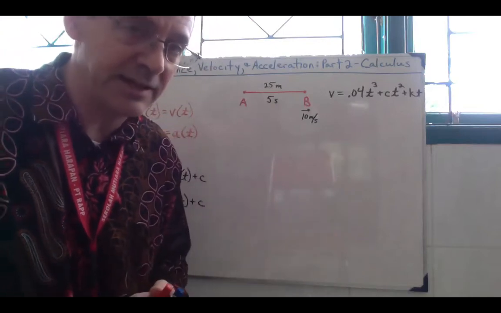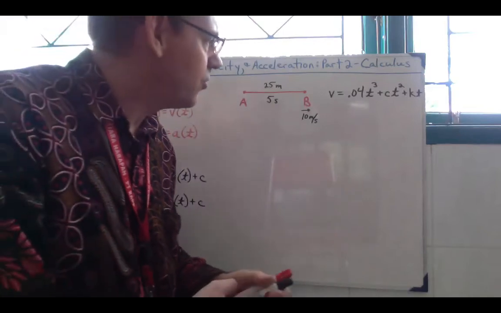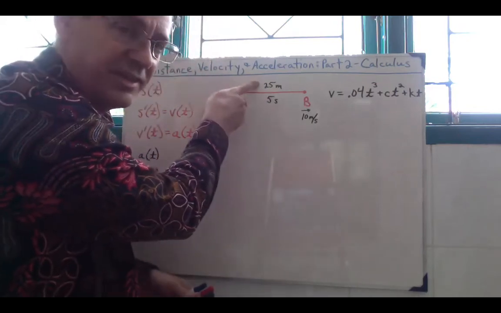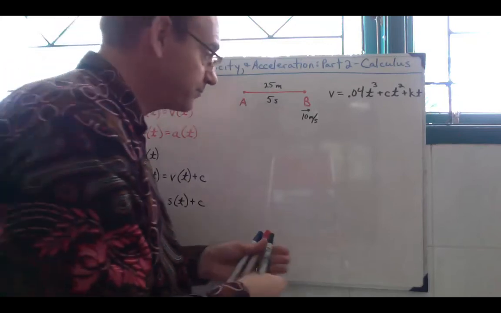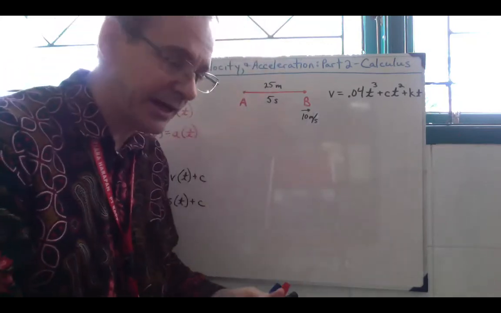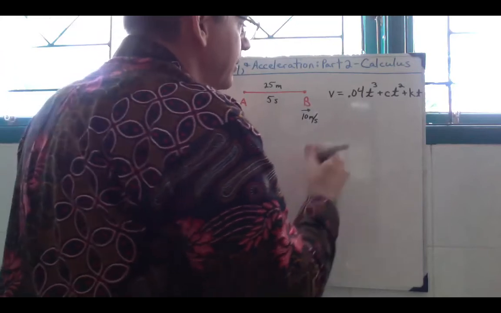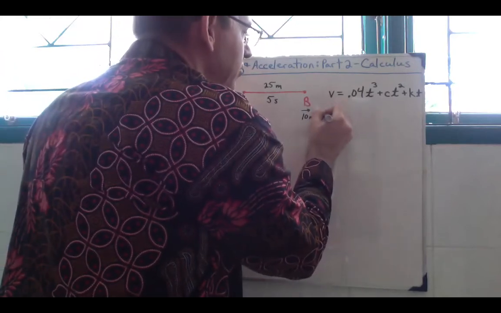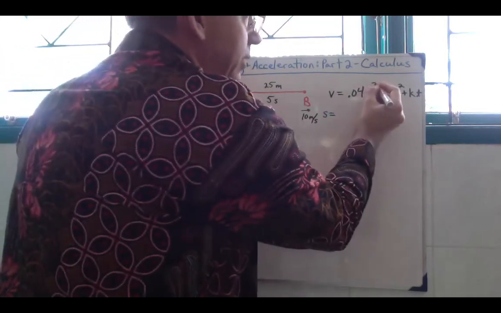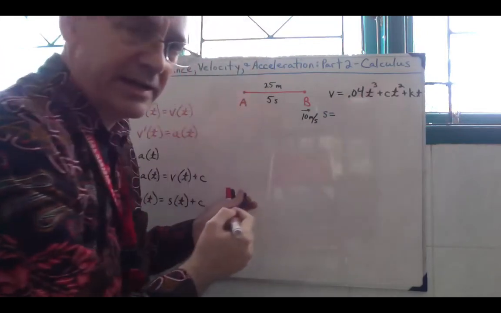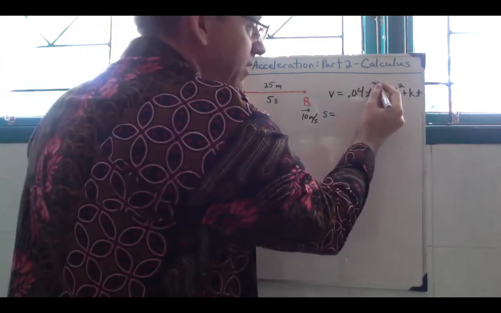We need to do simultaneous equations. So because it gave us distance, let's go ahead and find the distance formula, meaning we have to integrate our velocity. So if we integrate our velocity, we will get displacement. And remember, when you integrate, you add 1 to the power and divide by the new power. So when we add 1, we get 4.